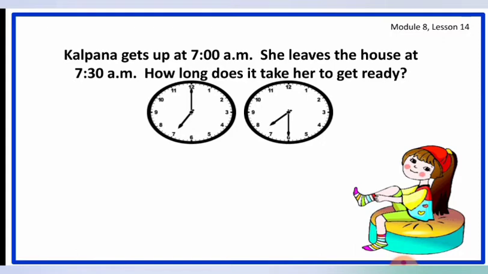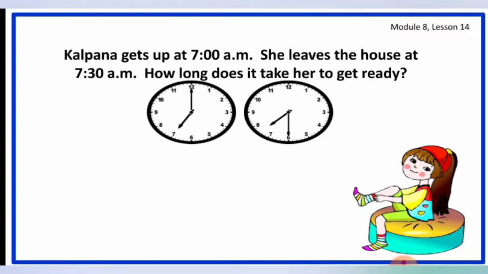Now, Kapana gets up at 7 a.m. She leaves the house at 7:30 a.m. How long does it take her to get ready? Watch your screen. The clock is right there on your screen. She gets up at 7 a.m. and she leaves the house at 7:30.